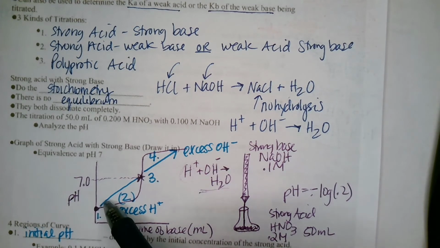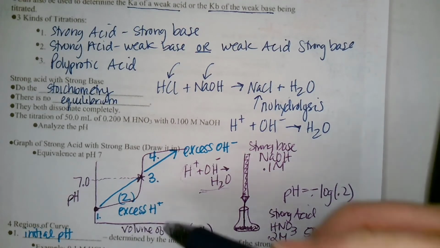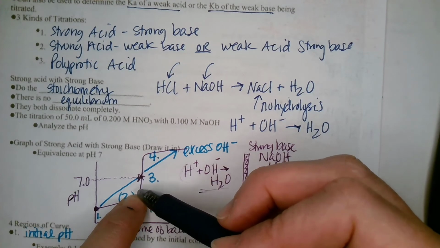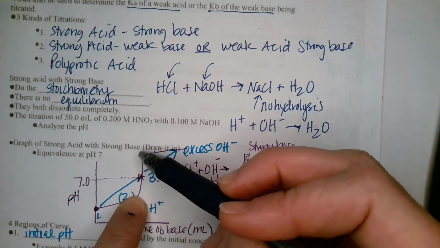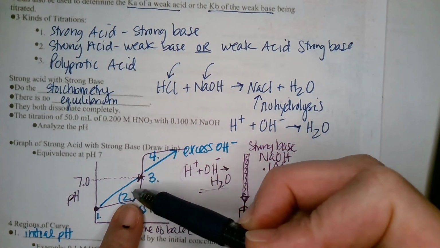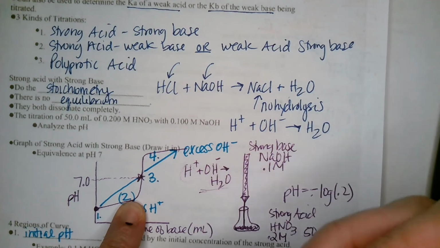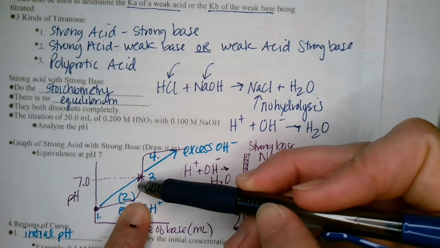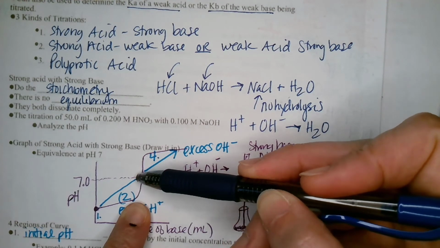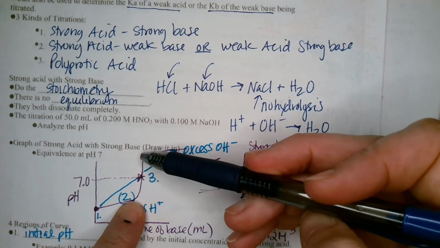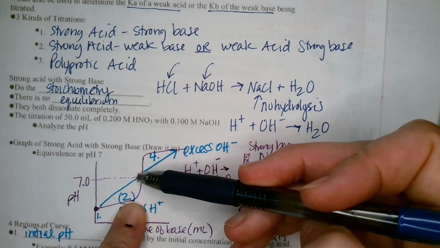Then we started adding our NaOH, and we saw in our calculations that 1 milliliter less had a pH of 4, and 1 milliliter more than the acid had a pH of 10, which really justifies that steep curve here, because just the difference of 2 milliliters gave us a big range. So if they were exactly at the 50-50, we would have a pH of 7, right? For the difference between 4 and 10 would be exactly at 7.